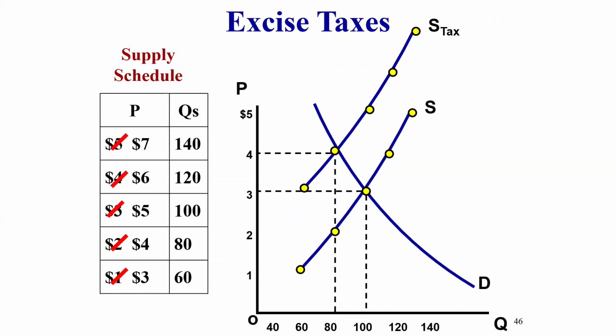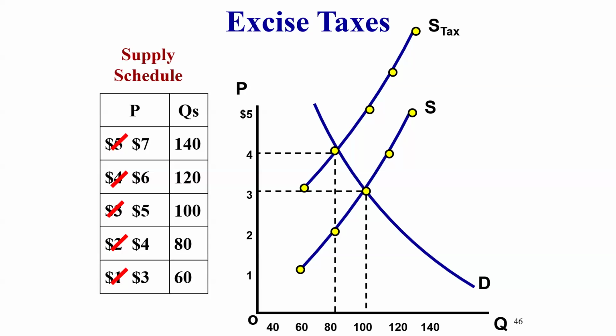Where people get tripped up is this line, how big the tax is, or any straight line in between the supply curves. A lot of guys go from here to here, that's not it.